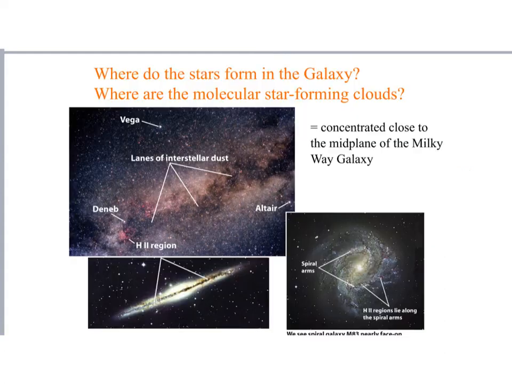when they want to interpret their observations. Now the question is, you might have wondered, where exactly are these stars forming within the galaxy, right? So where are those molecular star-forming clouds? Now remember our Milky Way, it does look like the way of the milk, right? Because we see our galaxy edge on, because we are in it, in that pancake.